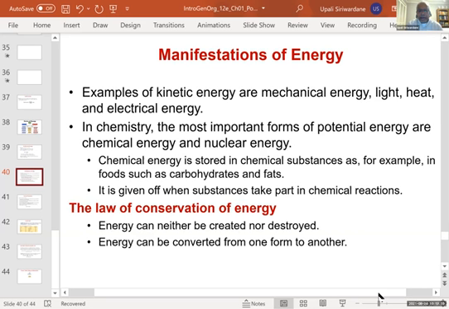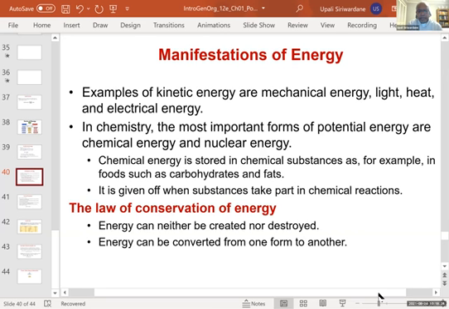Chemical energy is stored in chemical substances, for example in food such as carbohydrates, fats, and oils. They are stored in chemical bonds. When they break, they produce energy for our metabolic functions.